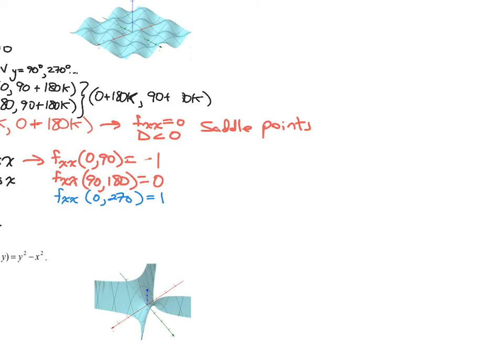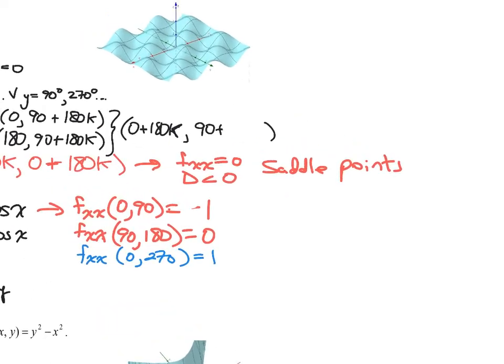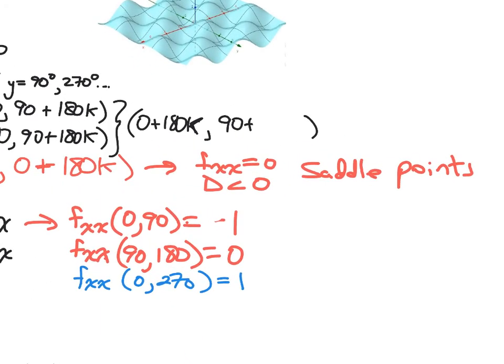So I'm going to make this 360K, so that it'll skip over every one of the 270s. And then we'll have another one, 180K, 0 plus 180K, because that part I think was fine. We just need the 270 plus 360K.